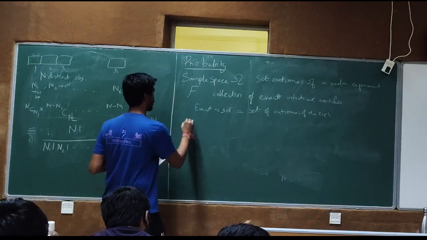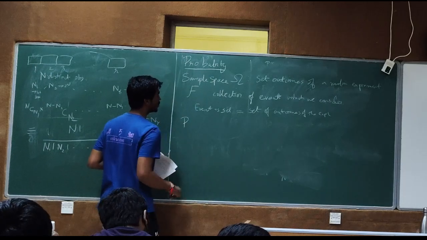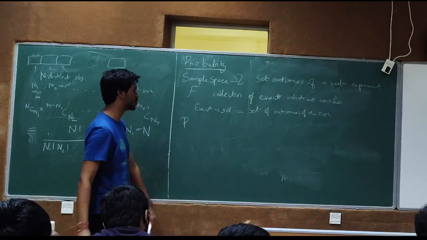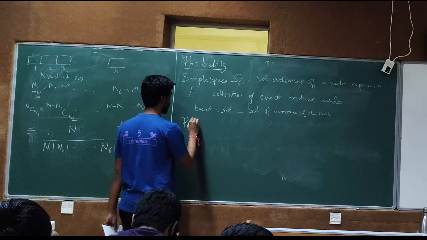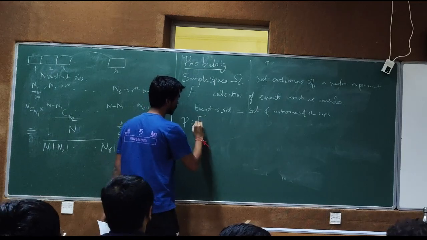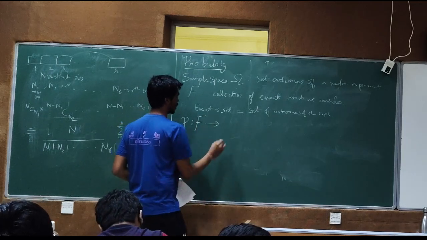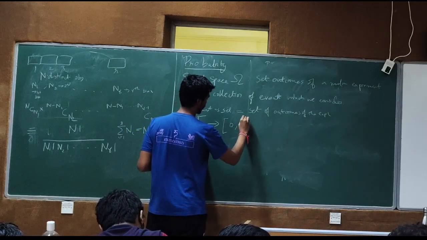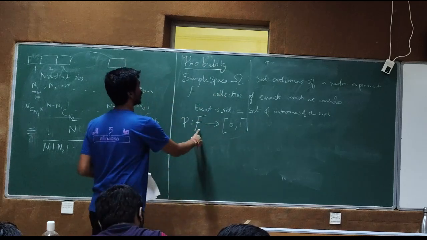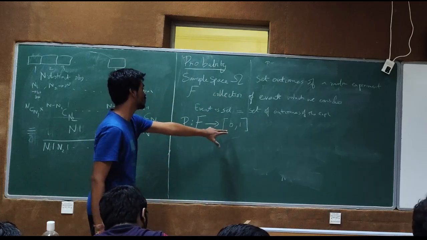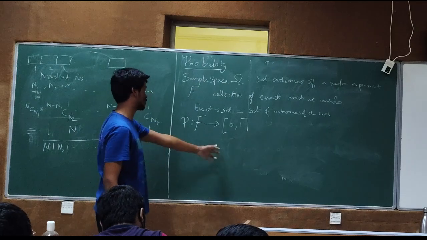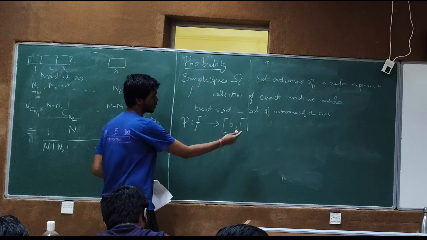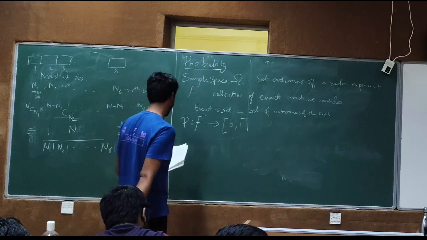Then we define something called a probability function, which takes values from the collection of events and maps them into this interval on the real line. So every event is assigned some number in this interval from 0 to 1, and the number assigned is called the probability of that event.